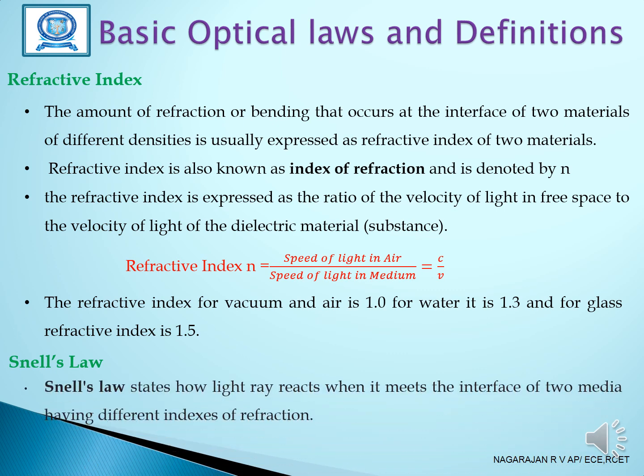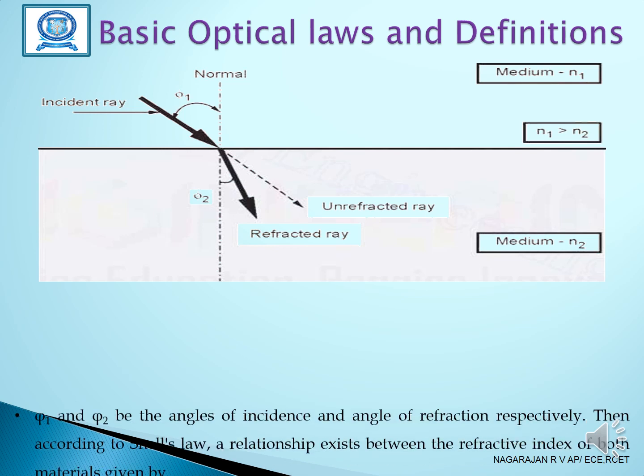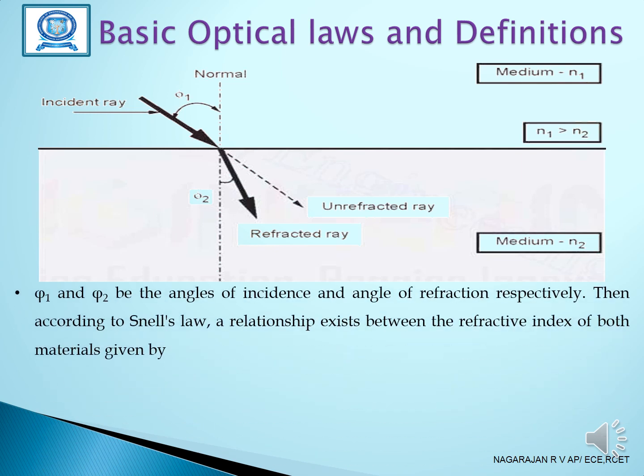And next let us see Snell's law. Snell's law states how a light ray reacts when it meets the interface of two media having different indices of refraction. Let us consider that phi 1 and phi 2 are the angle of incidence and angle of refraction respectively. Then according to Snell's law, the relationship between the refractive indices of both materials is given by n1 sin phi 1 is equal to n2 sin phi 2.